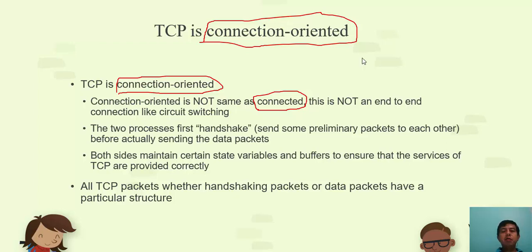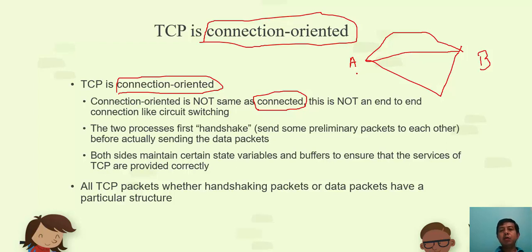Let us for a moment go back to the very initial discussions when we discussed circuit switching and packet switching. If you remember the discussions about circuit switching, where a circuit is a dedicated path between two different machines or two different nodes. Say A and B are two different machines. There are multiple paths that go from A to B, and when we say that A and B are communicating over a connection using circuit switching, it means that a dedicated path is created between A and B for that particular duration.